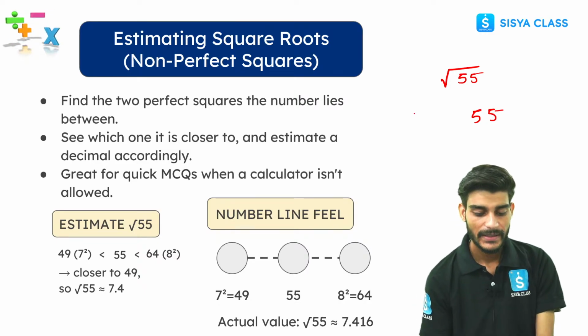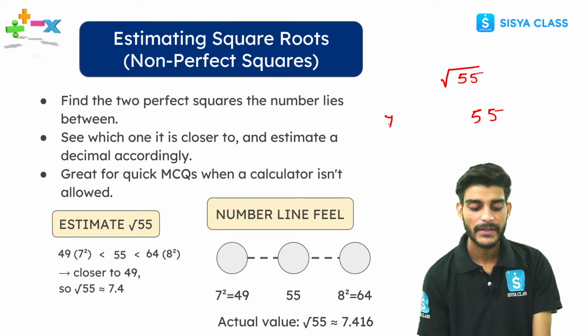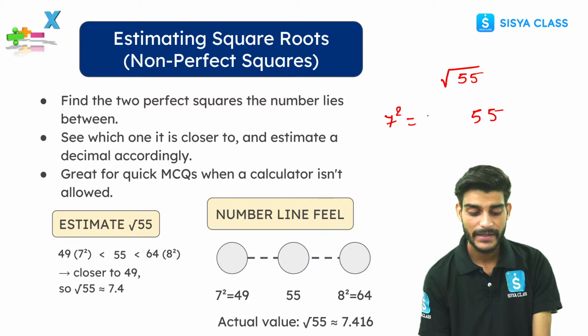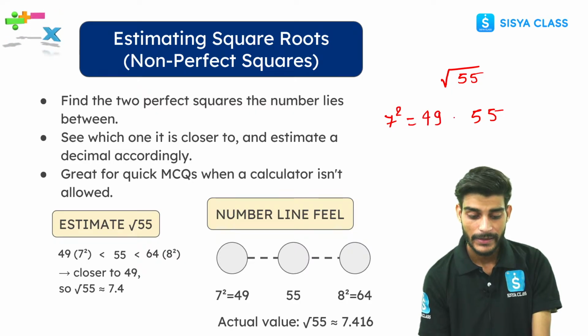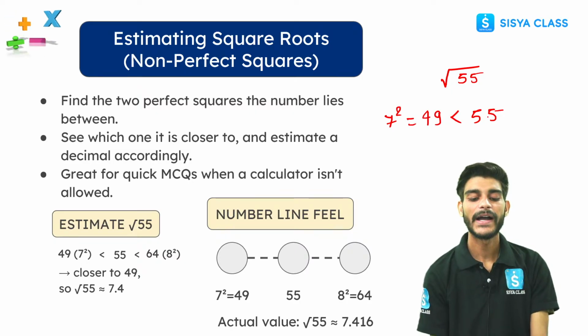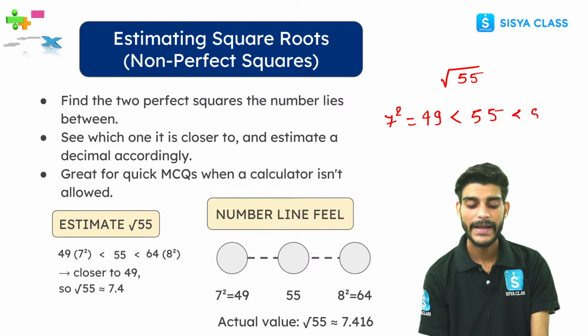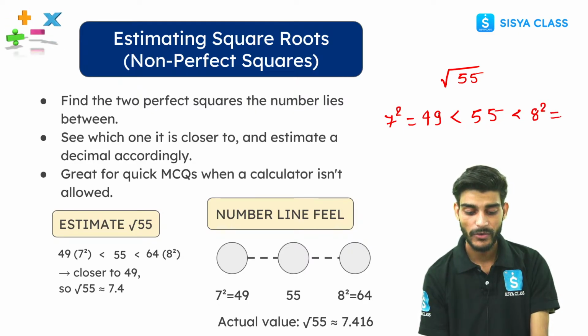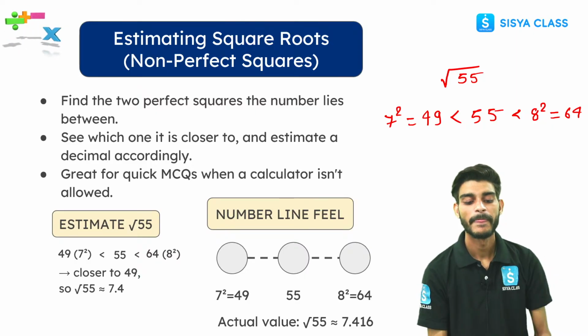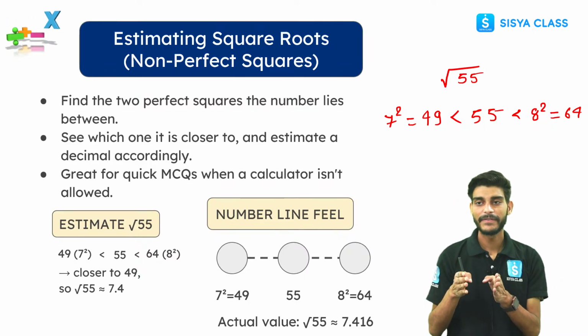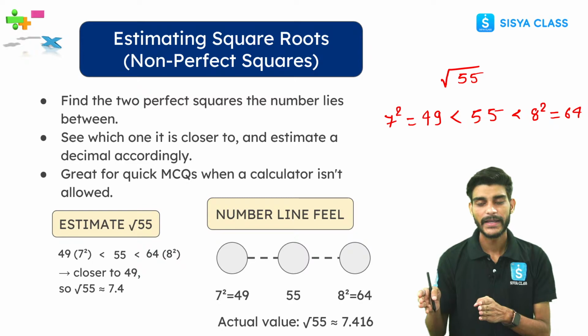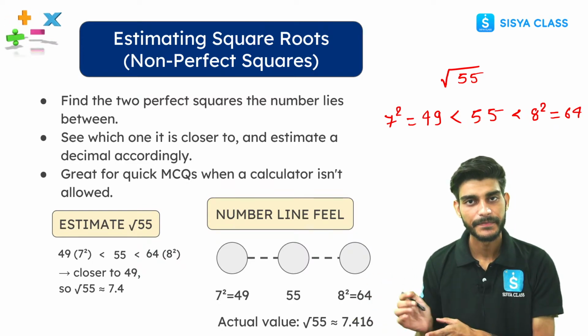So what is the square of 7? The square of 7 is 49, which is less than 55. What is the square of 8? The square of 8 is 64, greater than 55. So 55 is between 49 and 64.